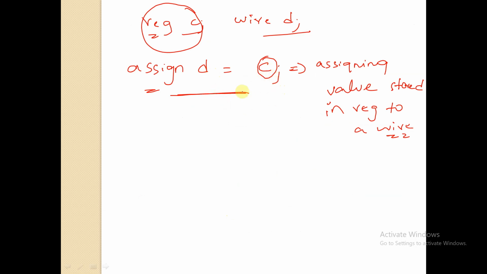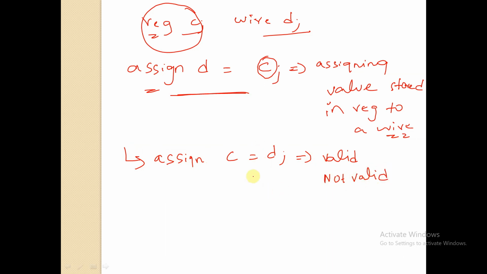Like this, we write the continuous assignment statements. Now if we try assign C is equal to D, is this valid? Is it valid or not?